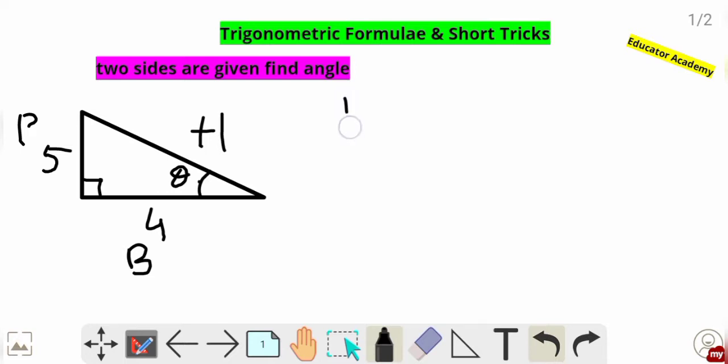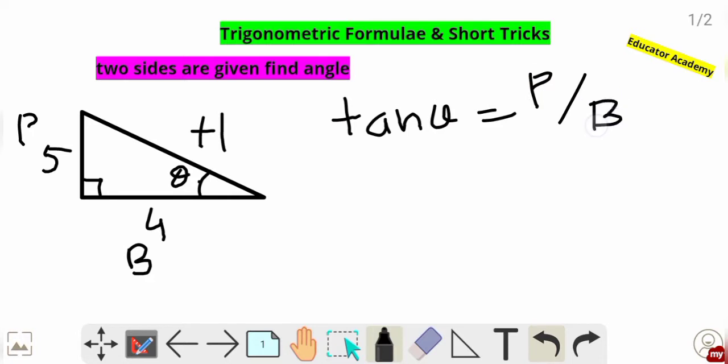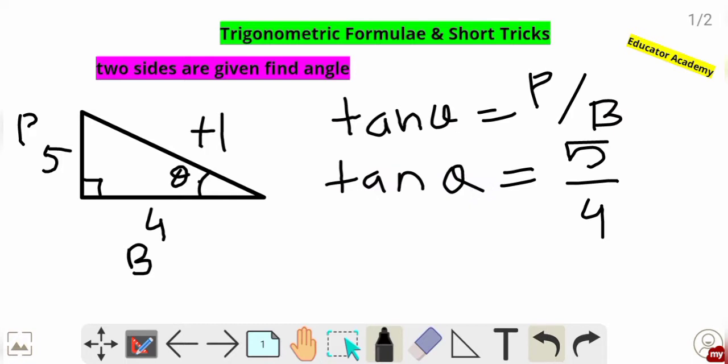As we know, tan theta is equal to perpendicular over base. The perpendicular is 5 and the base is 4. So tan theta is equal to 5 by 4. We have to find angle theta.